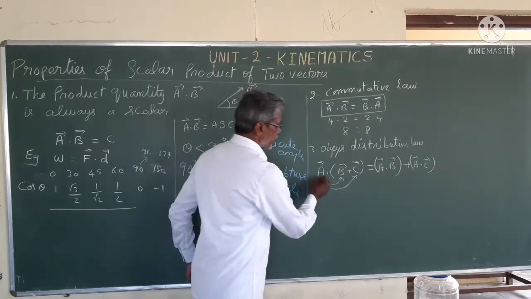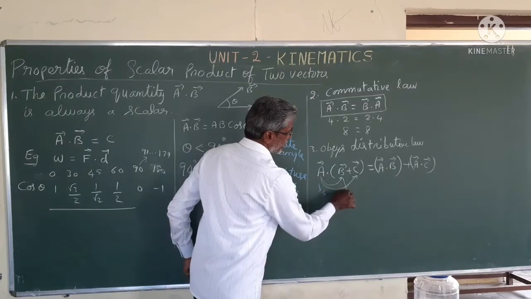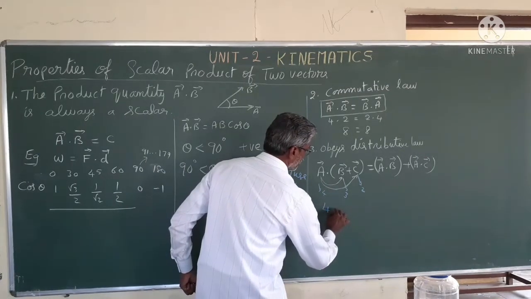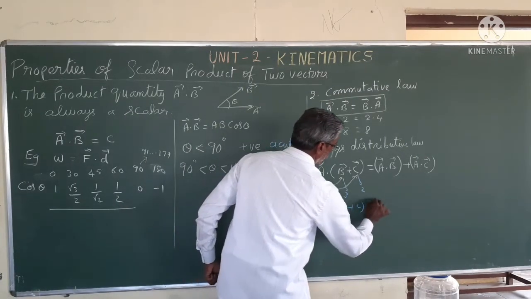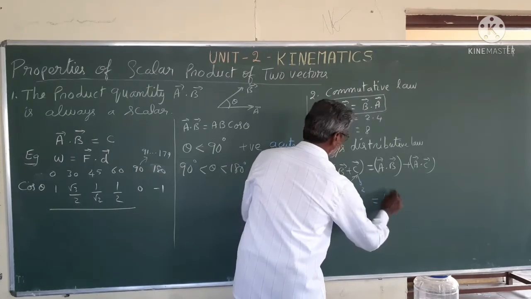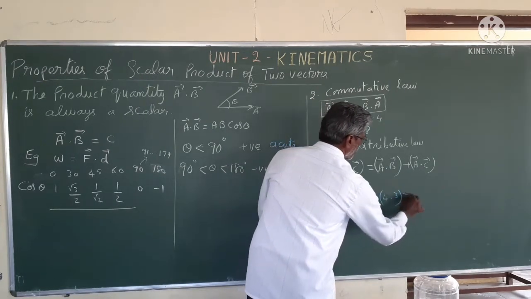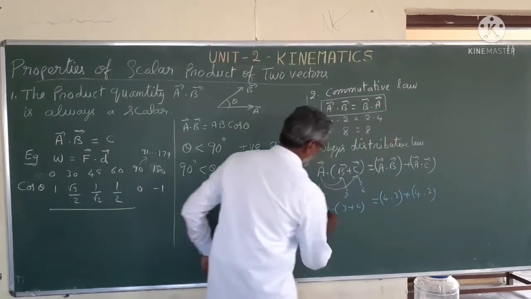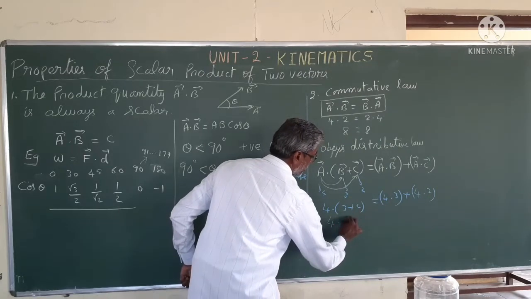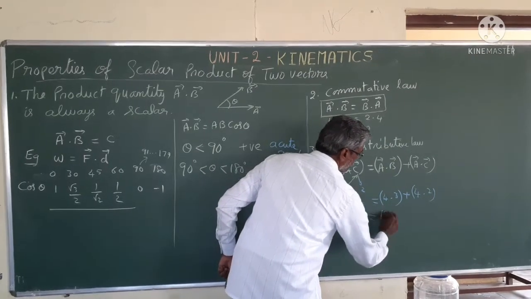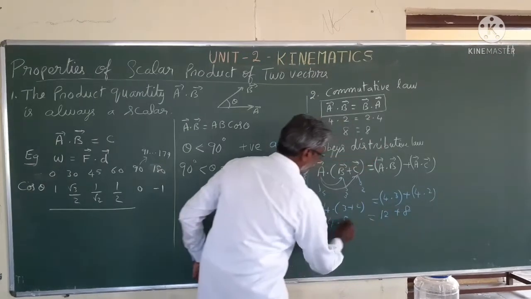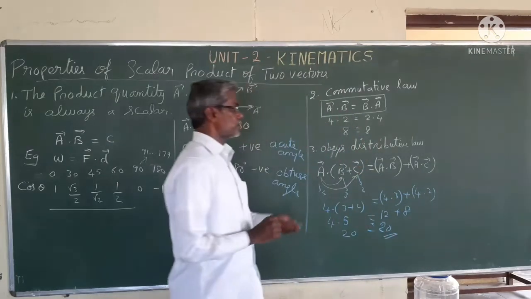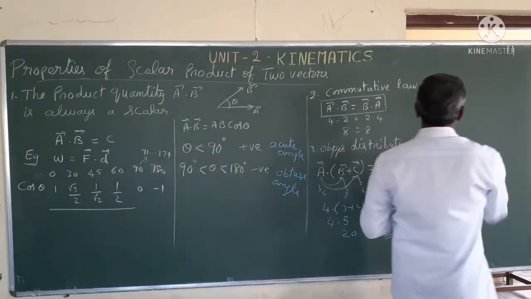Now see, suppose A has 4, B has a value 3 and C has a value 2. Now see, 4 dot 3 plus 2 is equal to A value 4 into B value 3 plus A value 4 and C value 2. So here 4 into 3 plus 2 is 5. 4 3s are 12. 4 2s are 8. 4 5s are 20. 12 plus 8 is 20. So they are equal. So it obeys distributive law.